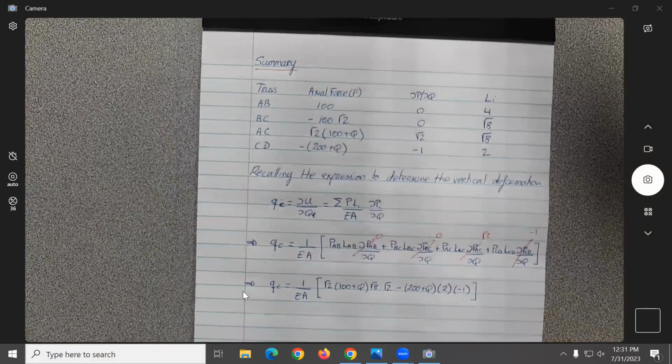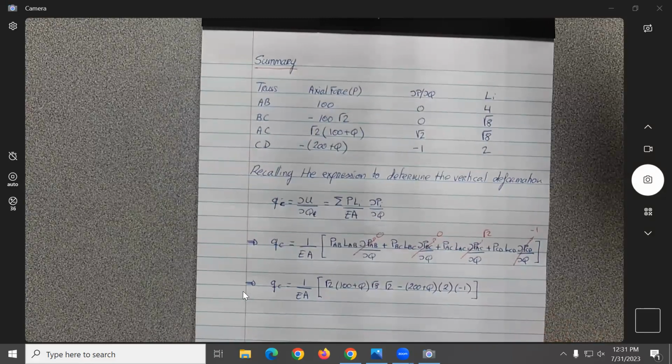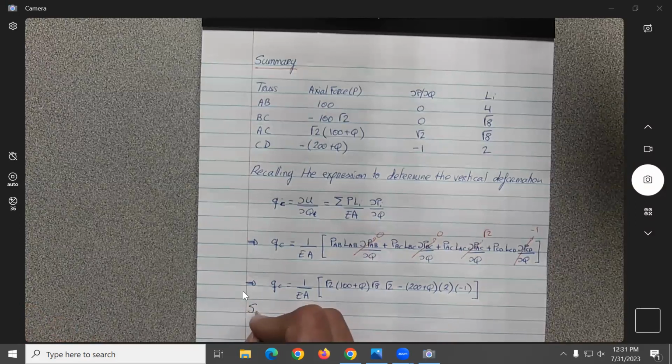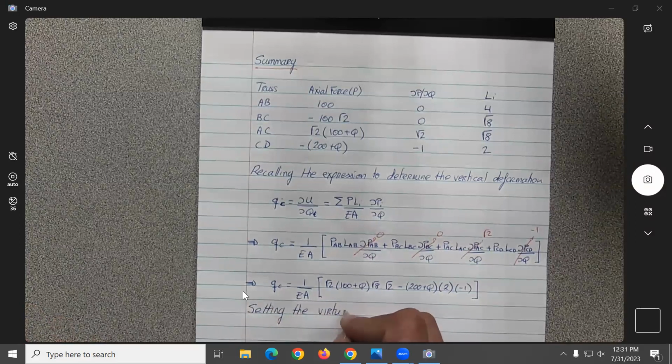Okay, so now at this stage, we're almost done. We want to find the value, but the one that is bothering us now is the Q, correct? So what can we do with the Q? Correct. Like I said before, set the virtual, or whatever you want to call it, dummy force Q to 0.